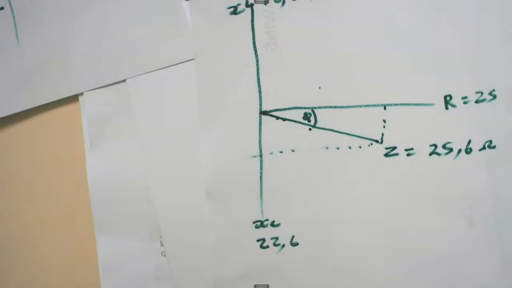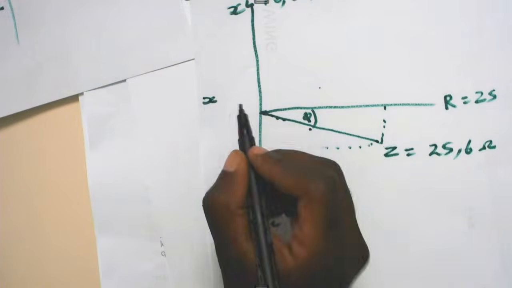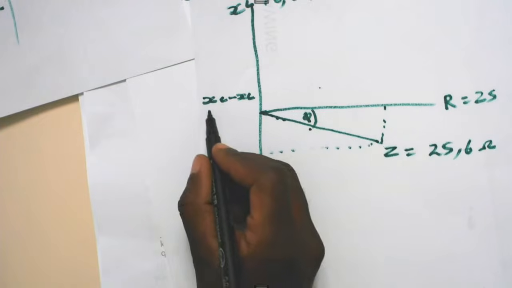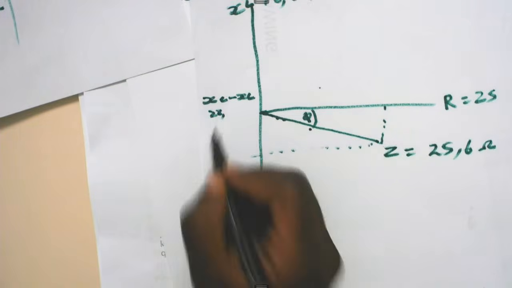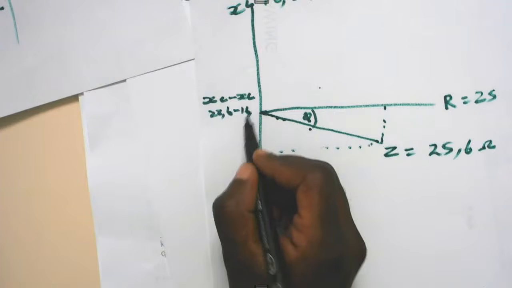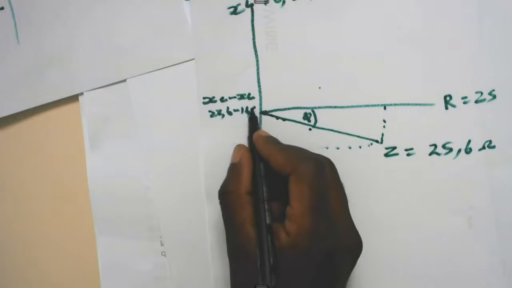Then on this side you have to say XC minus XL is equal to 22.6 minus 16.59.